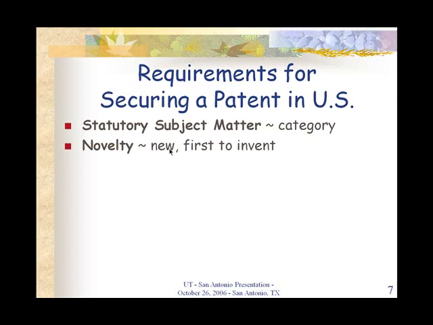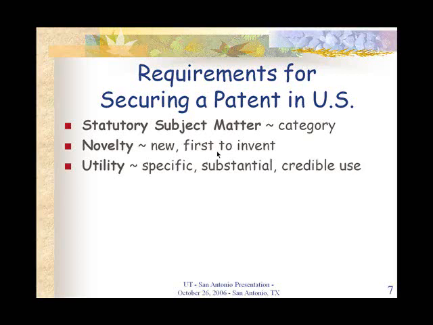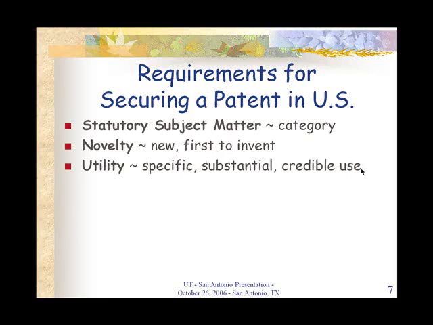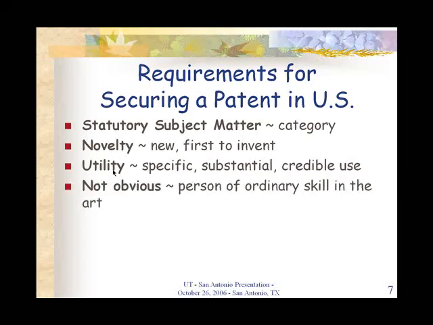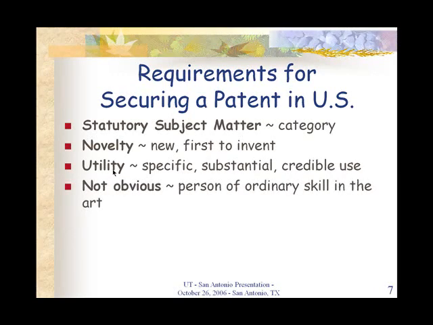It's a very important aspect of this. Just following the word category isn't sufficient. Novelty, so new or the first to invent. Utility, specific, substantial, and credible use. This is one of the easiest to establish for an invention to be considered patentable.